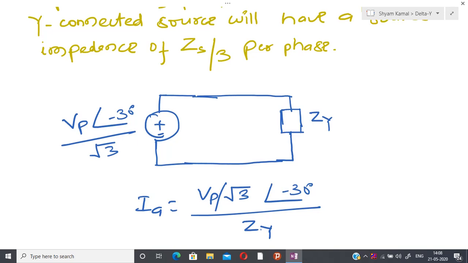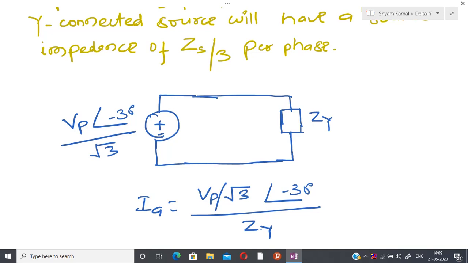So now let us come to the conclusion part. What we have observed from the last four lectures, where I talked about all the possible connections, four different possible connections, and we have discussed earlier that a delta connected load is more desirable than a Y connected load.